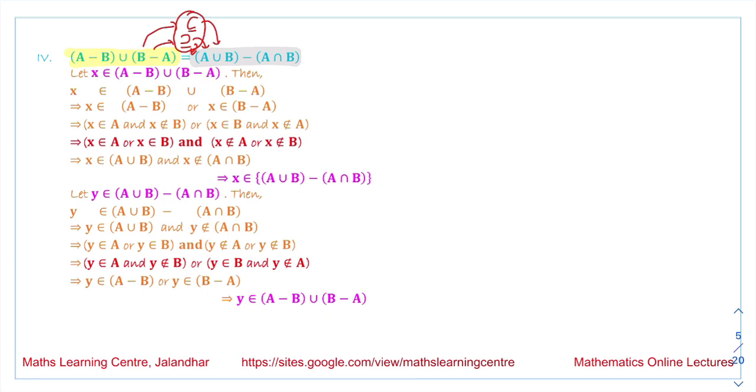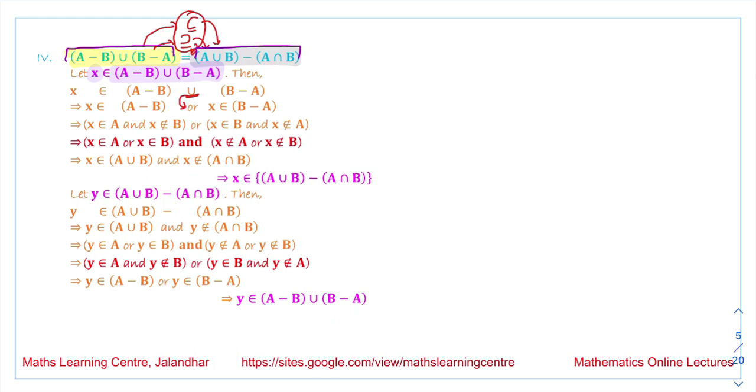So in the first part, we are going to prove that this first set is a subset of this second set. We consider that X belongs to A minus B union B minus A. So we are saying it is union over here, and in place of this union, we can write it as OR.